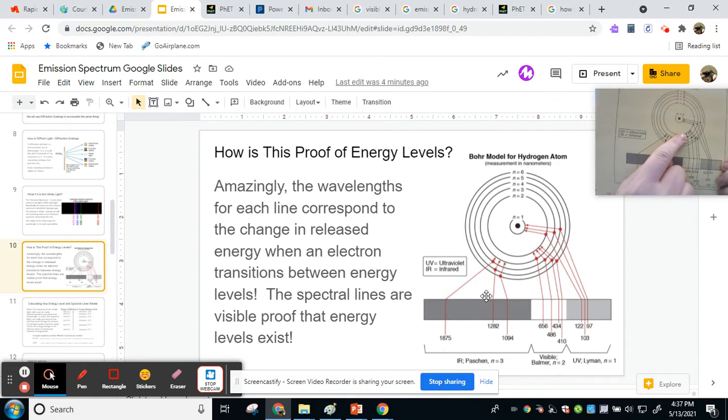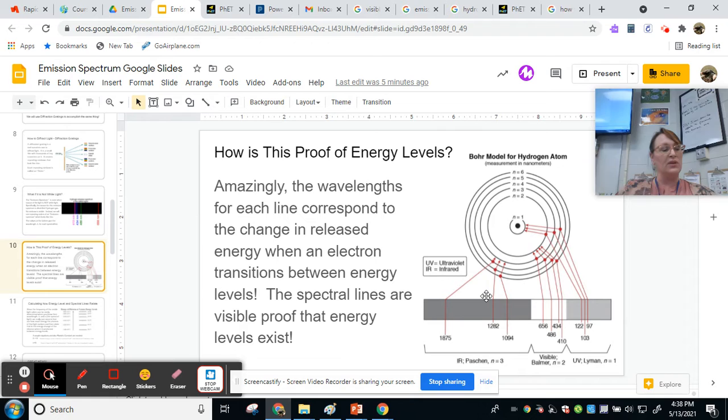They correspond to movements of electrons, and we call these transitions. So this one would be a transition between the 3rd energy level and the 2nd energy level, n equal 3 to n equal 2. And if I follow that line down, I can see that the photon that is emitted is going to emit a visible light color of wavelength 656 nanometers.